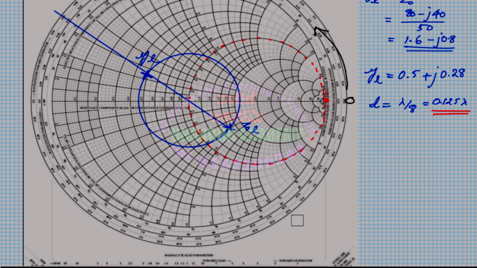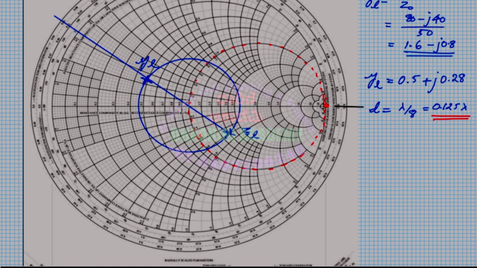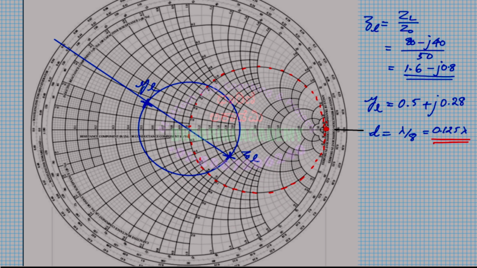If it is lambda by 10, so 0.1 lambda, just move by 0.1, that's all. So this is 0, consider this to be 0. This is 0.25. 0.15 will give you 0.1, correct? Where is 0.1? 0.13, 0.14, 0.15.